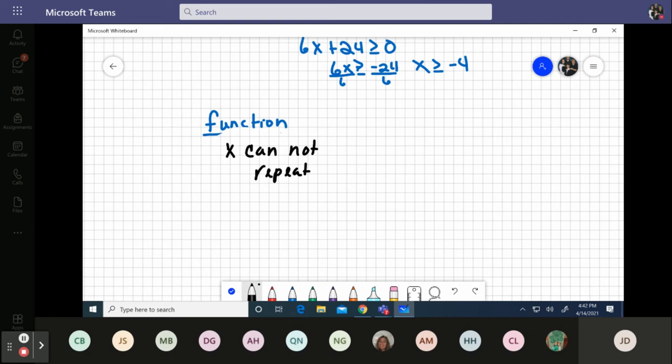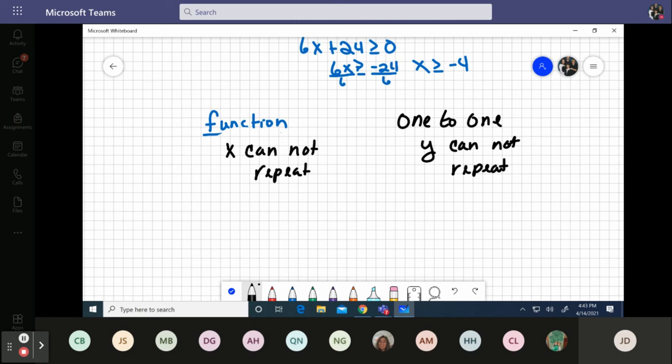Well, we got to take that one step farther for one-to-one. Y cannot repeat. So if I'm looking at problem 8, do I have a one-to-one function?